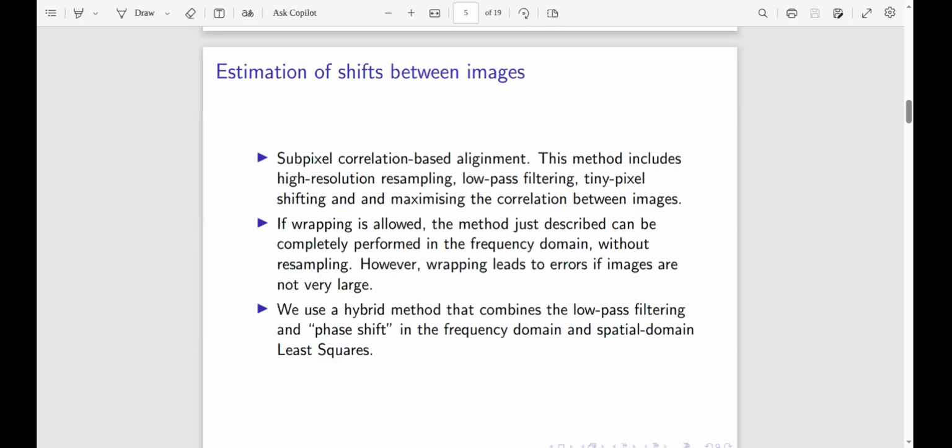Well, it is known, and it uses these techniques. First, images are resampled with high resolution.